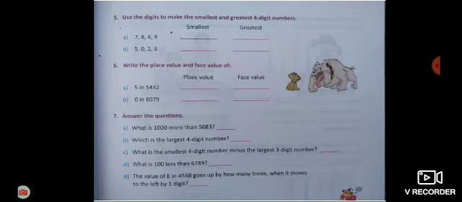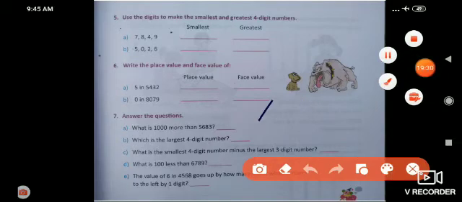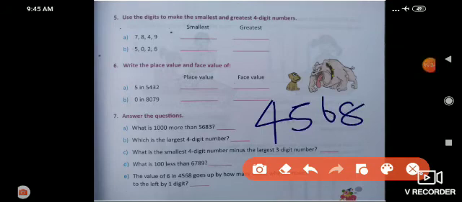If it moves to the left by 1 digit, it is now in which place? Hundreds place. Right? It is in the hundreds place.